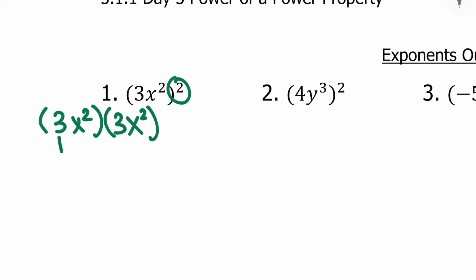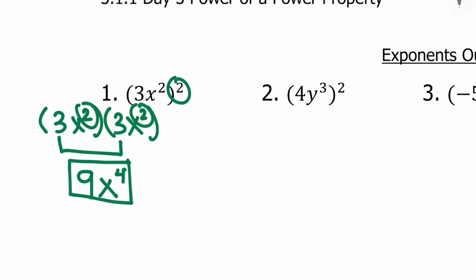So you would do 3 times 3 is 9, and then 2 plus 2 is 4, so x to the 4th. The reason we put to the 4th is because when you're multiplying those with the exponents, you add the actual numbers.